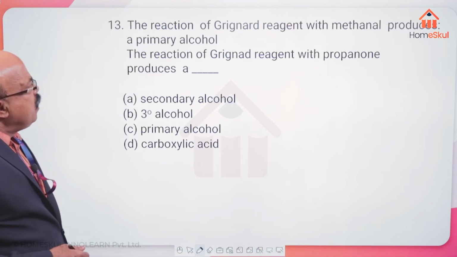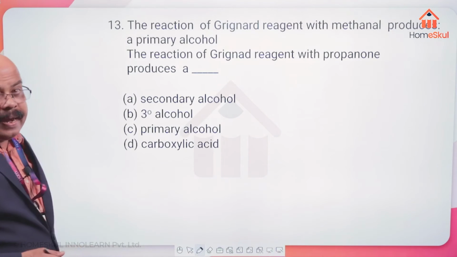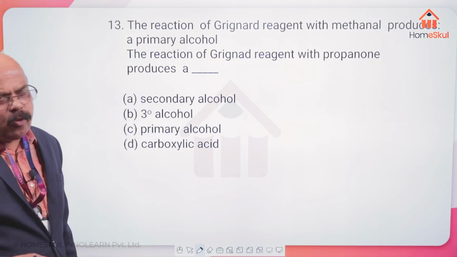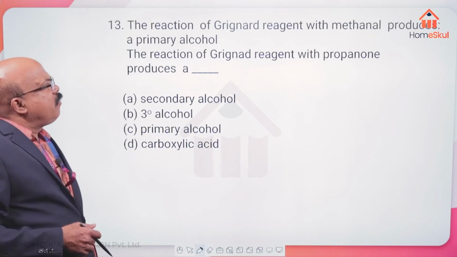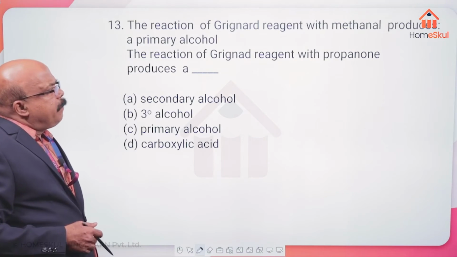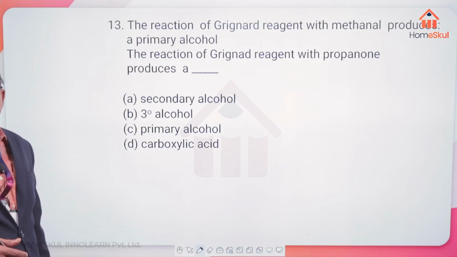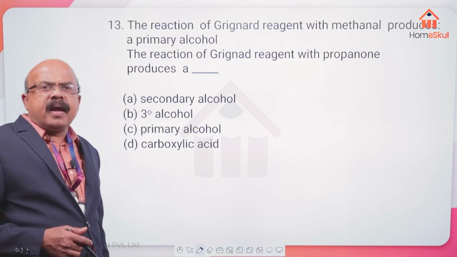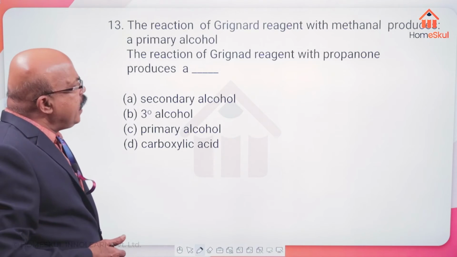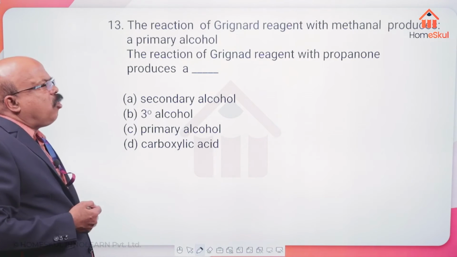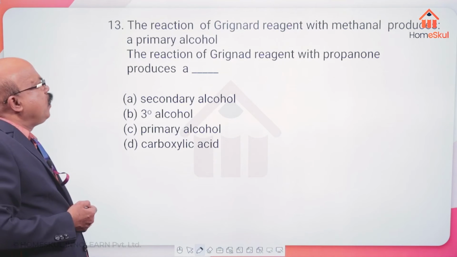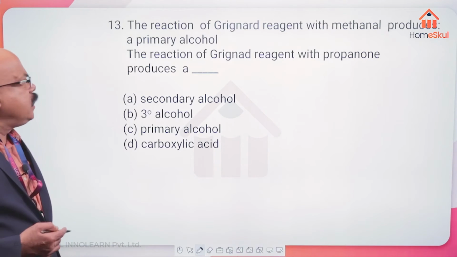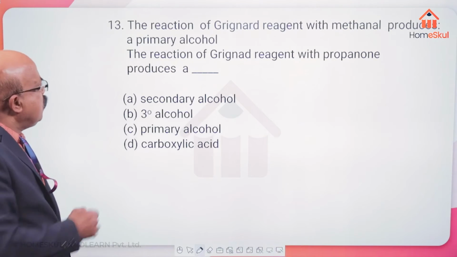The reaction of Grignard reagent with methanal, which is formaldehyde, produces a primary alcohol. Grignard reagent with formaldehyde produces a primary alcohol. That statement is correct.